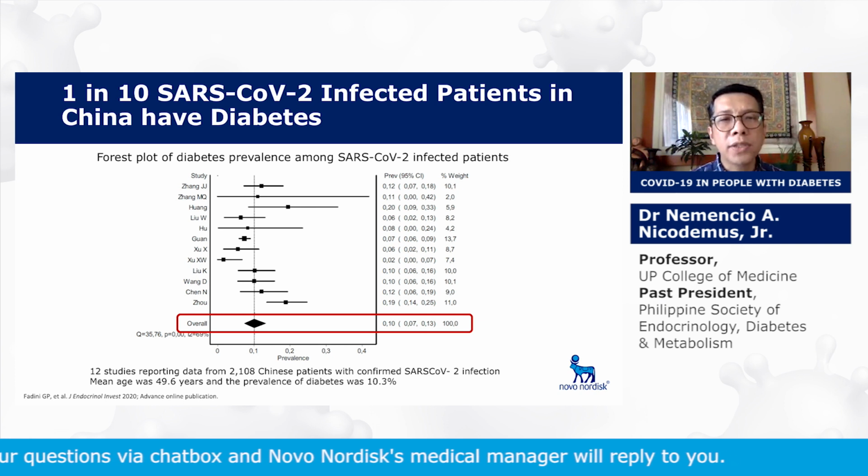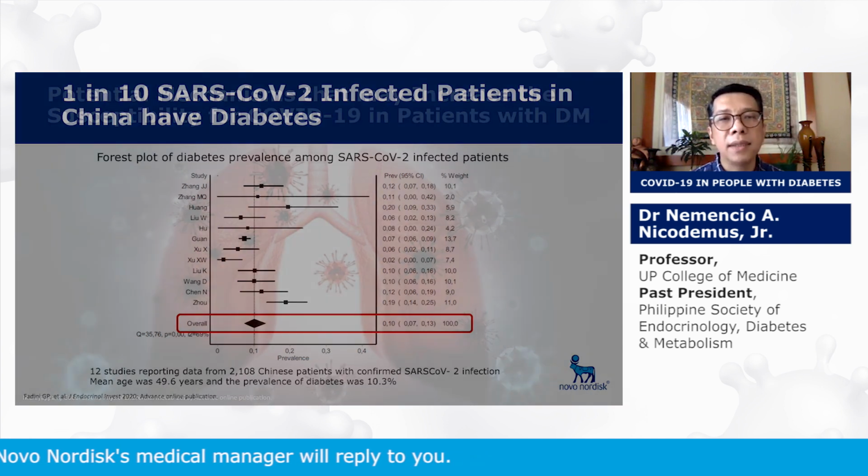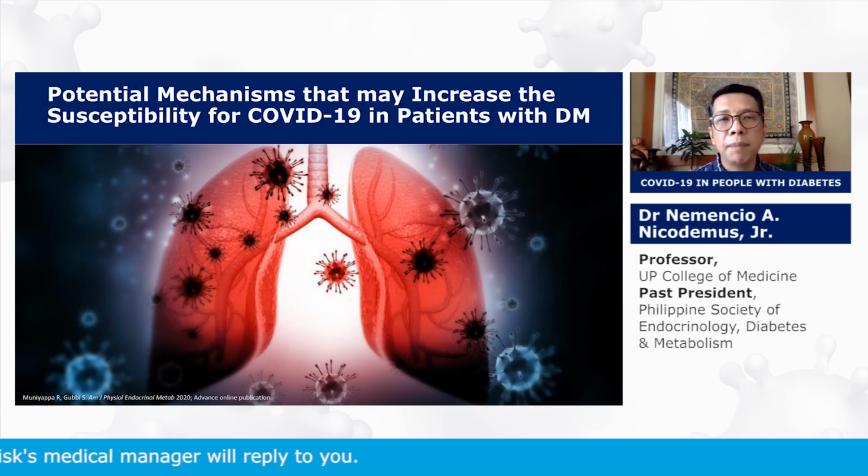What could be the reason why diabetic patients are easily affected by COVID-19? Let us look at the potential mechanisms that increase the susceptibility of this very important population of patients.